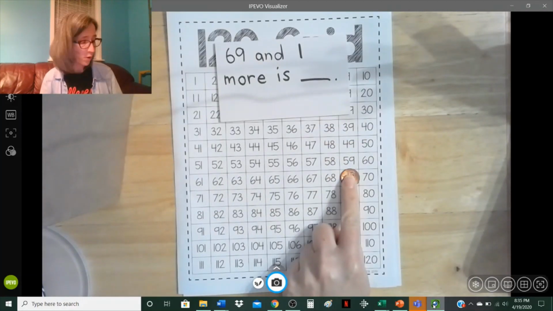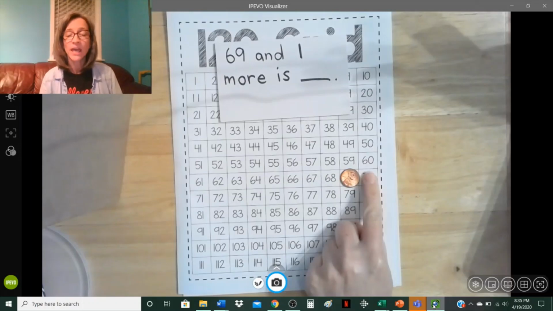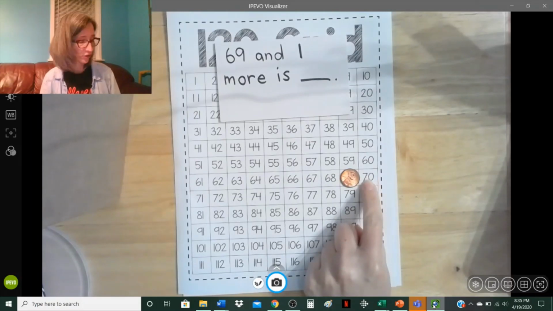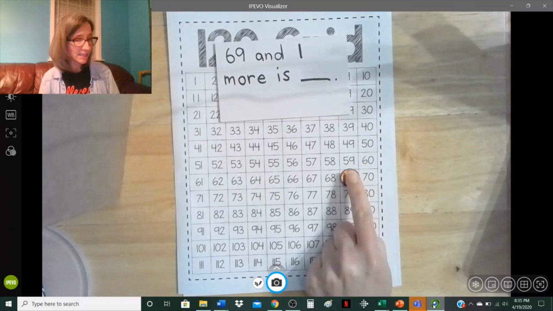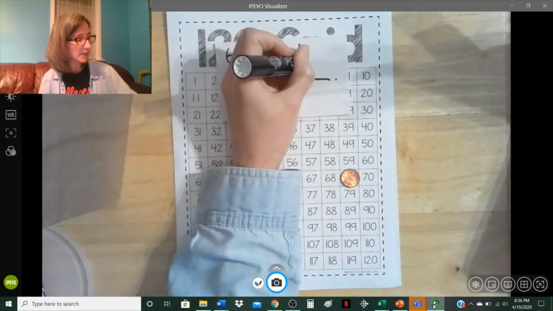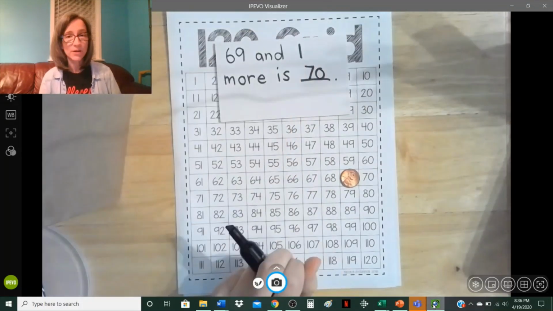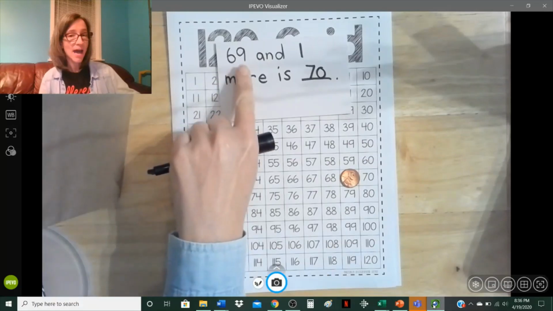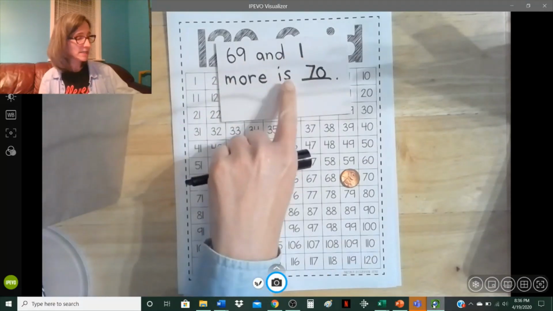Move your finger one more. If you move one time, what number does your finger touch? That number is 70. 69 and one more is 70. Let's read our number sentence. 69 and one more is 70.